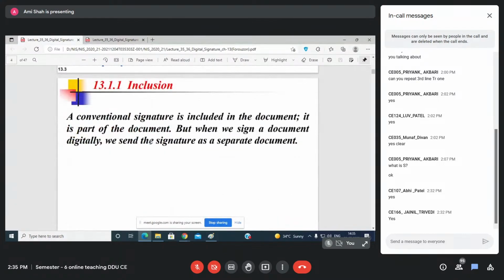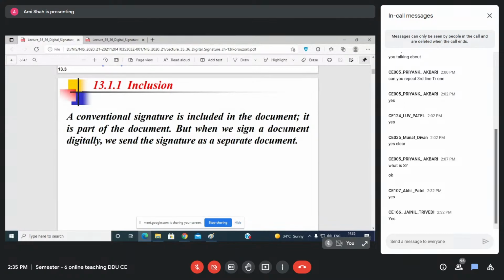So what is a conventional signature? A conventional signature is included in the document. It is a part of the document. Simply, when we write a check, the signature is on the check. It is not a separate document. But when we sign a document digitally, we send the signature as a separate document.